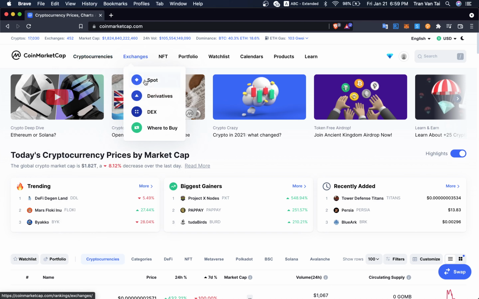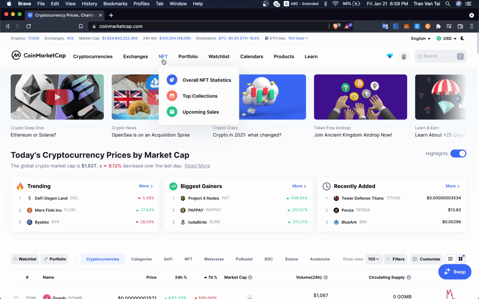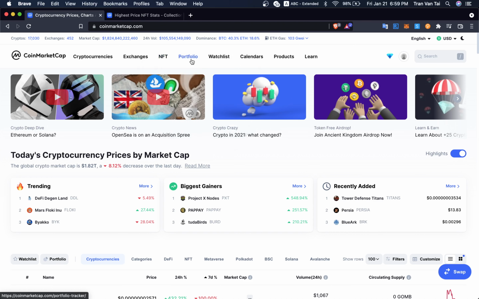Exchanges: you can view the list of spot exchanges, derivatives, and DEX, and where to buy some token. NFT: overall NFT statistics, top collection, or upcoming sales.